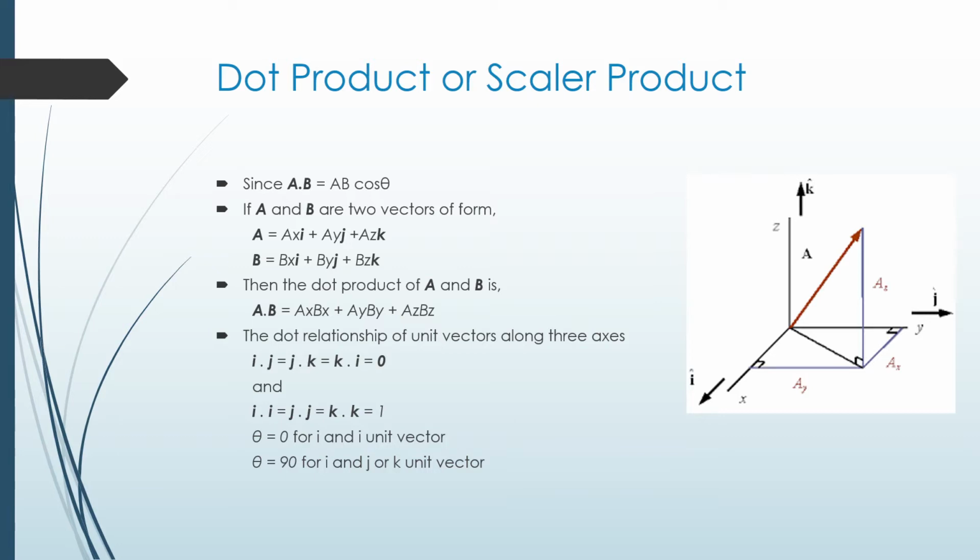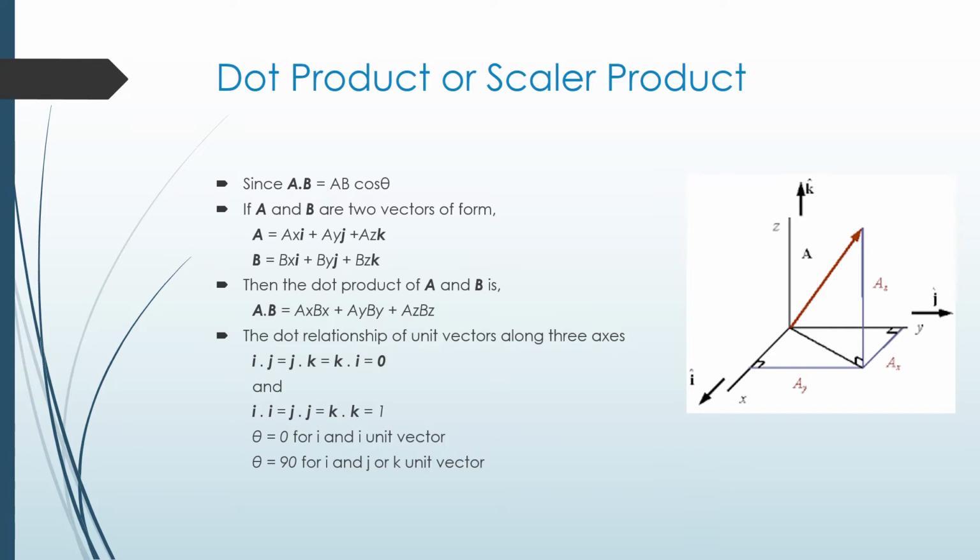Since the angle between i unit vector and j unit vector is 90, the cos of 90 would always be equal to 0, and the dot product between i and j, j and k, or k and i unit vectors will always be equal to 0.